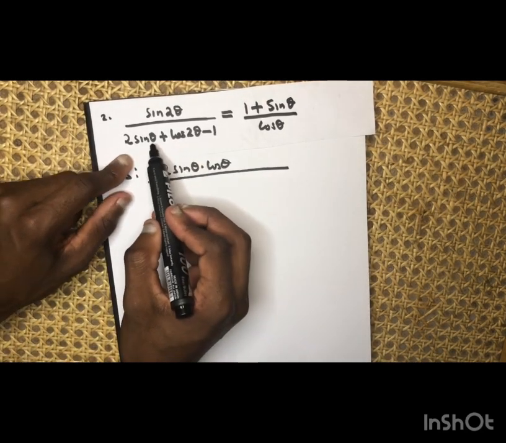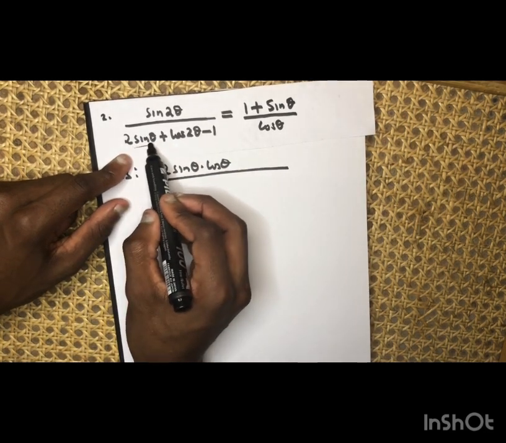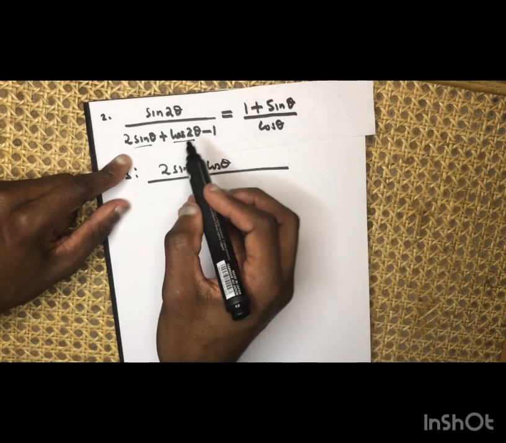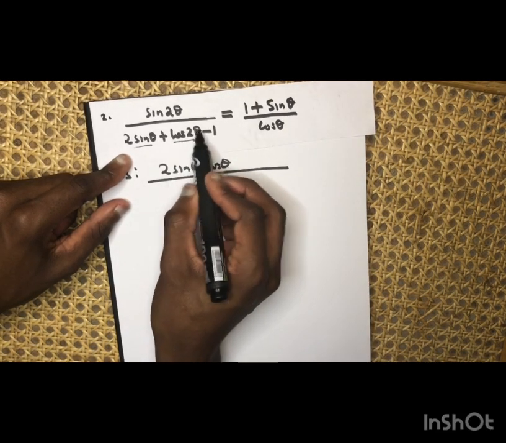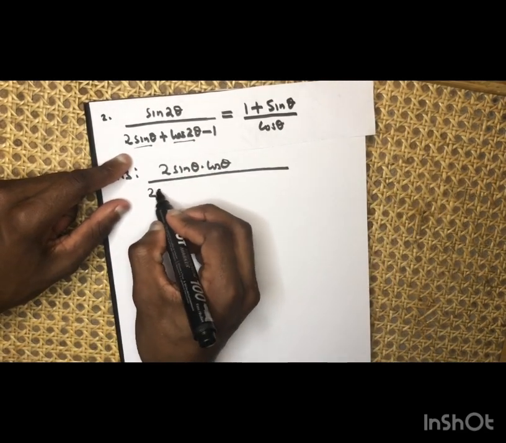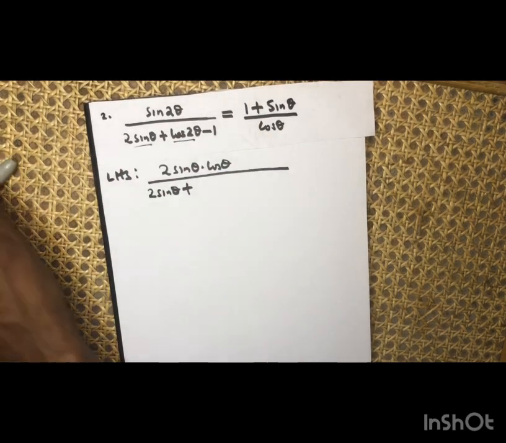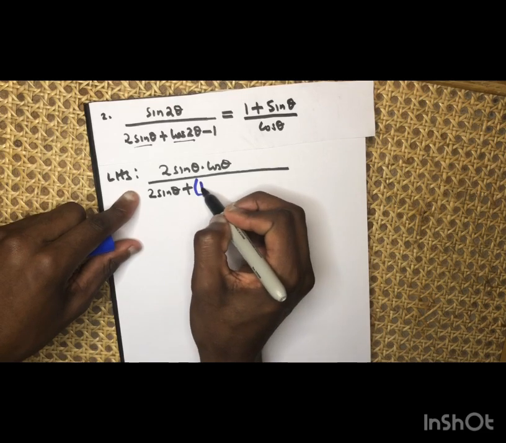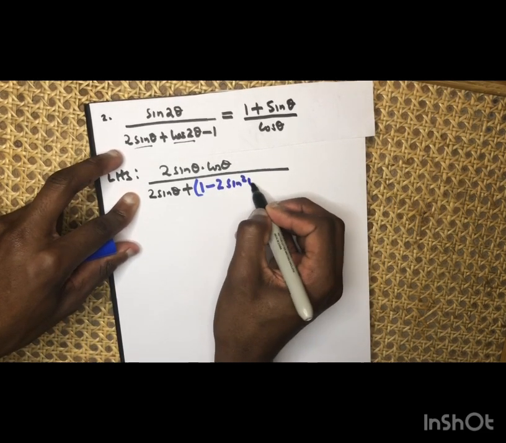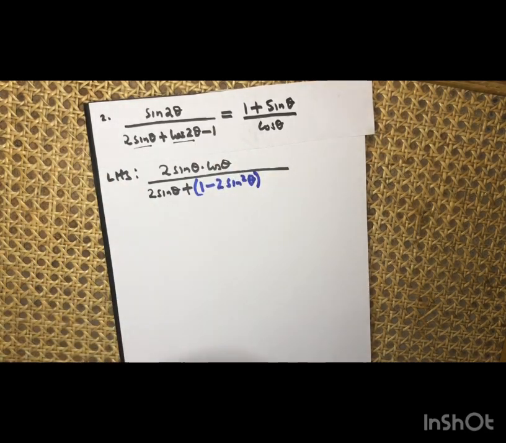But here, guys, on your denominator, you must be careful. You have sine theta. You cannot change sine theta, but you can change cos 2 theta, which means the option that you are going to take here, you must take the option that is in terms of sine. So I'm going to write 2 sine theta plus, then in place of cos 2 theta, I'm going to take 1 minus 2 sine squared theta, then I close the brackets, then we have this minus 1.